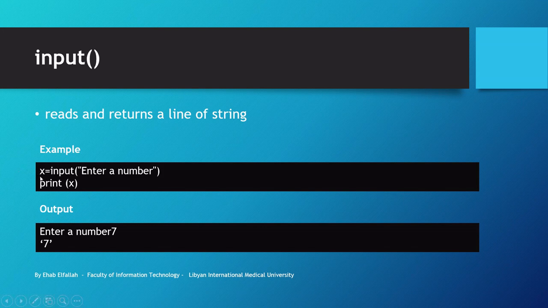So here, for example, if we have x equal to input and enter the number, that means we want the user to see enter the number, then he will enter the number. It will be in the variable x, but the number will be a string. So if we want to use this number, we have to convert the number into an integer.